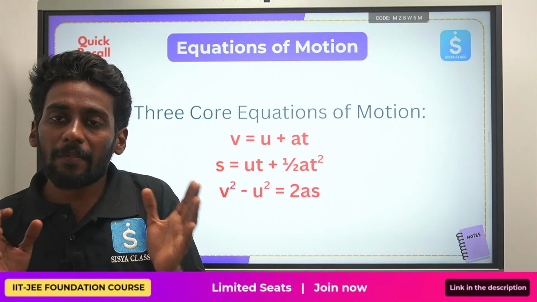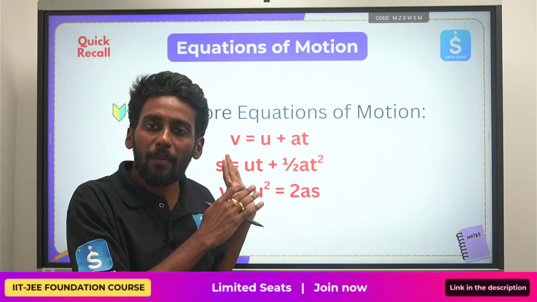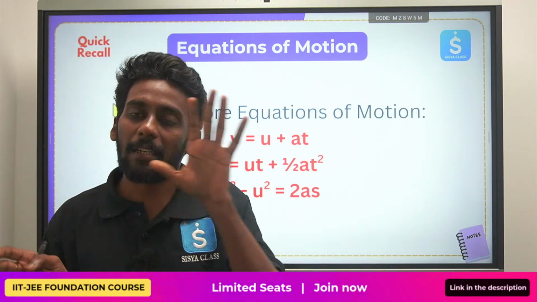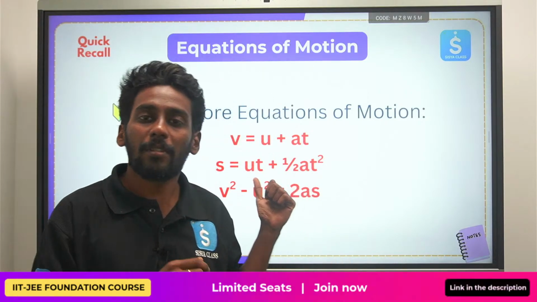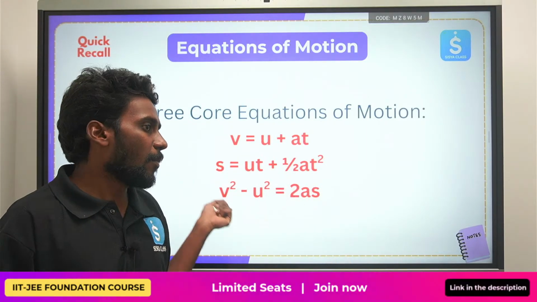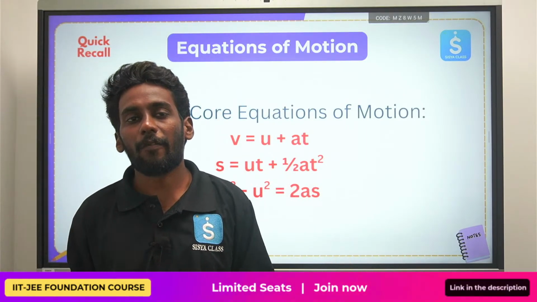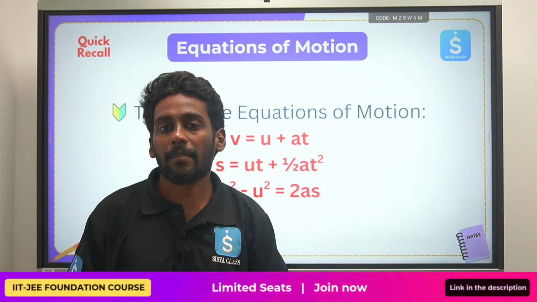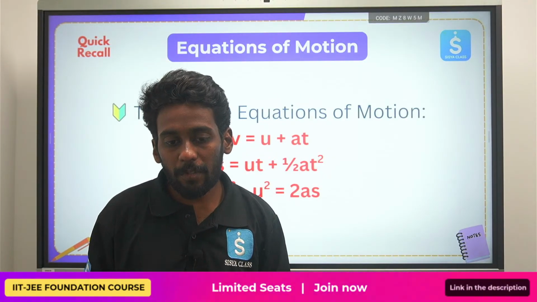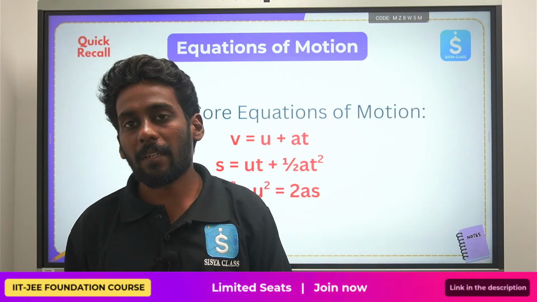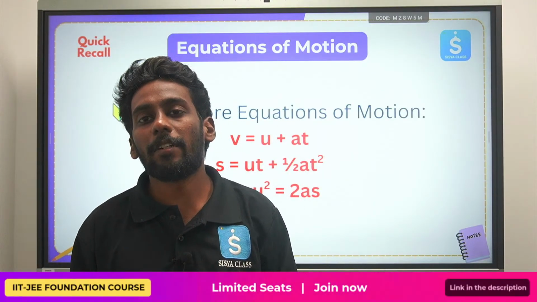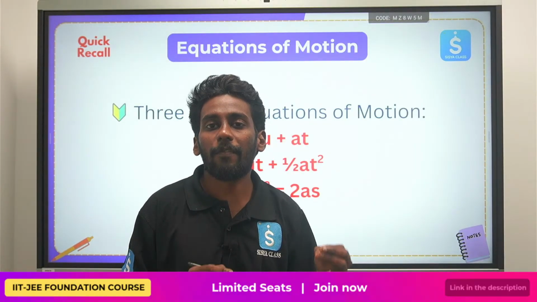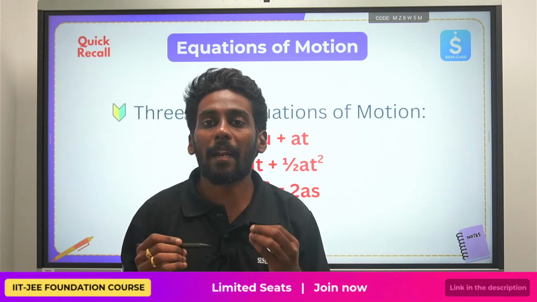Whenever some of the variables are given and you need to find another variable in a particular scenario, you are going to use one or some of these core equations of motion. When coming to graphs, suppose an object is in motion and, instead of numerical values for its initial velocity and final velocity, a graph is provided.